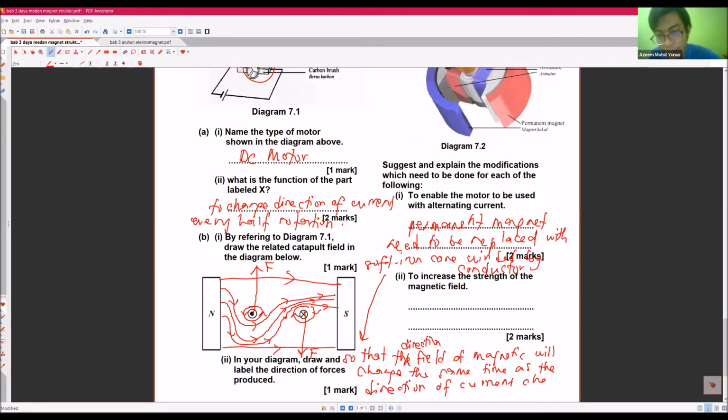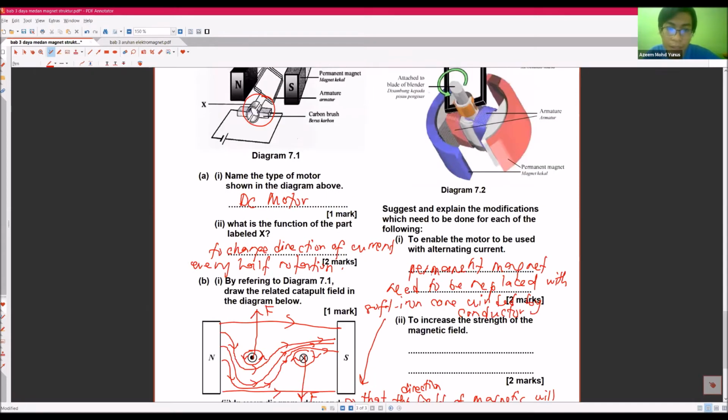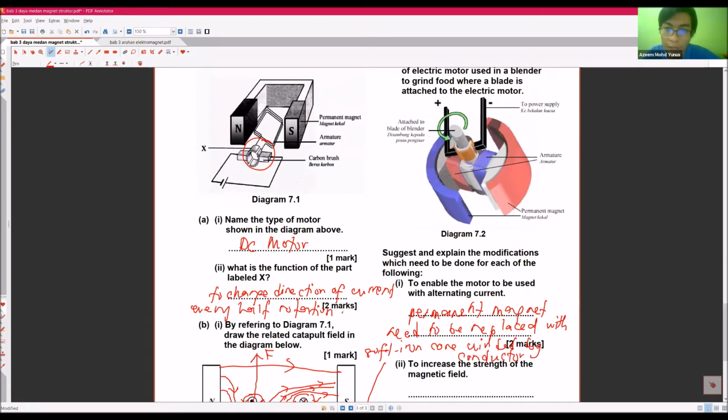Because AC current is keep changing, and if we use a commutator over here, the split ring commutator is going to change it every half rotation. So we have a double changing here, right? So in order to make it only one type of change, we need to change the permanent magnet. So the magnet will change its direction, thus it reverses back the effect of the commutator.